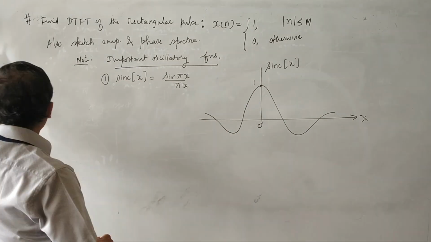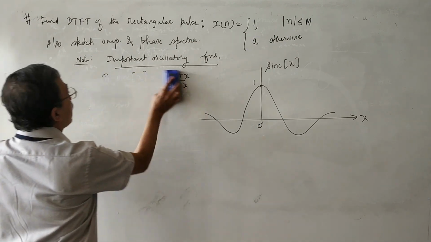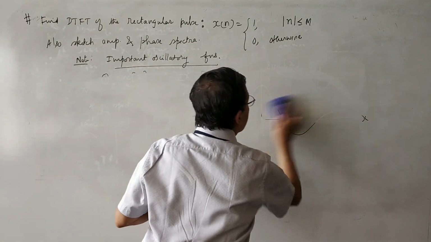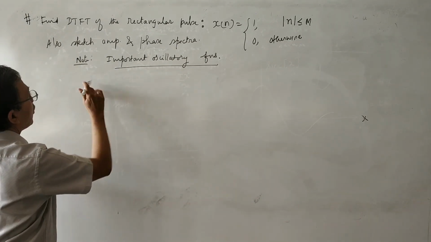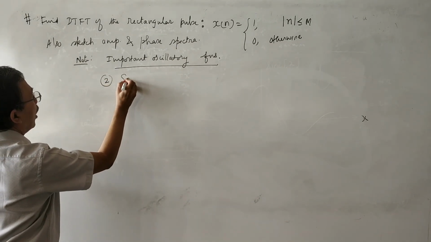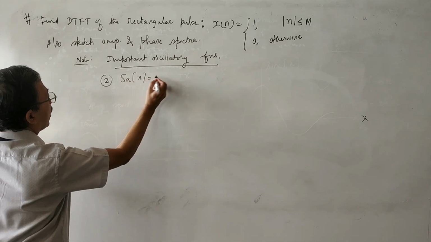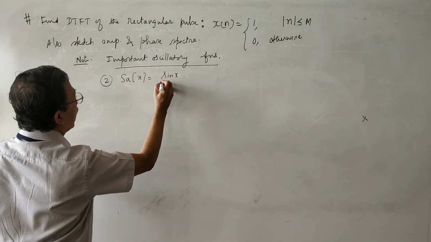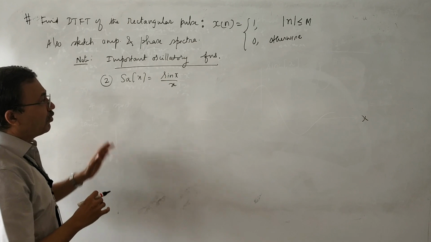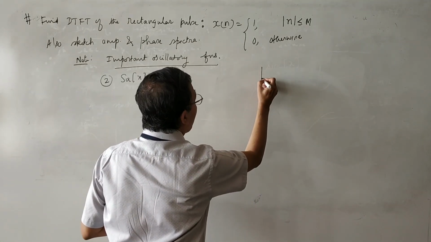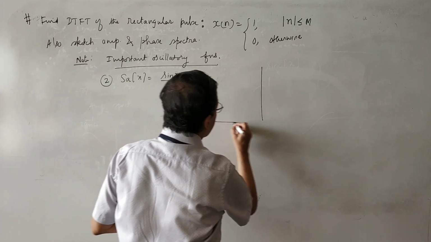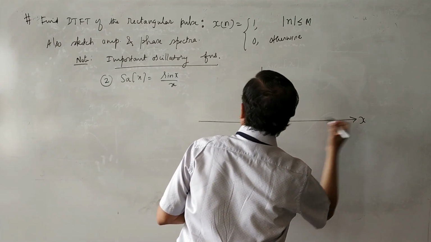The second function I am going to take is saw function. Saw of x is nothing but sin x divided by x. This will have the same shape as that of sinc function. Let me plot it. This is x.